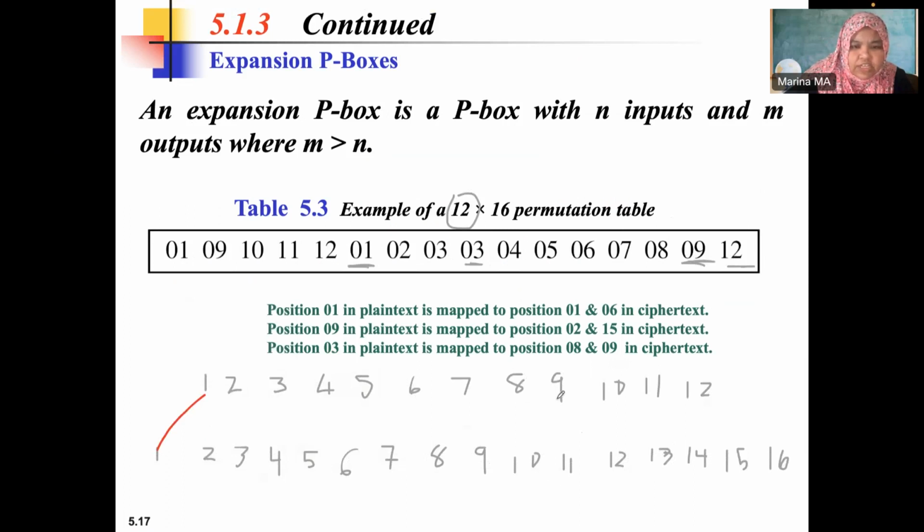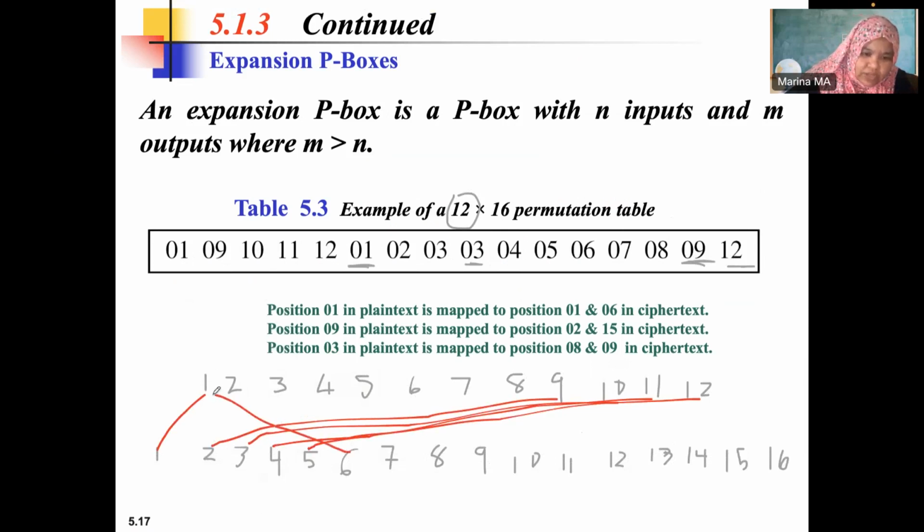Ninth position in the plain text becomes the second position. Then third position, 11, fourth position, 12, fifth position, but 1 has the sixth position. So look, 2 arrows coming out from the first position in the plain text.